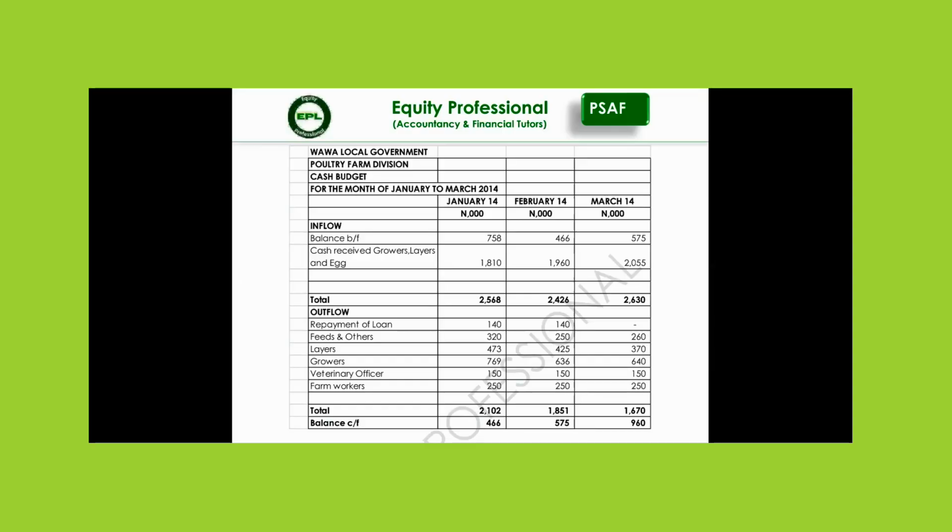The total outflow of February is 1851. So the closing cash balance in February is going to give us 575, sorry, 575.